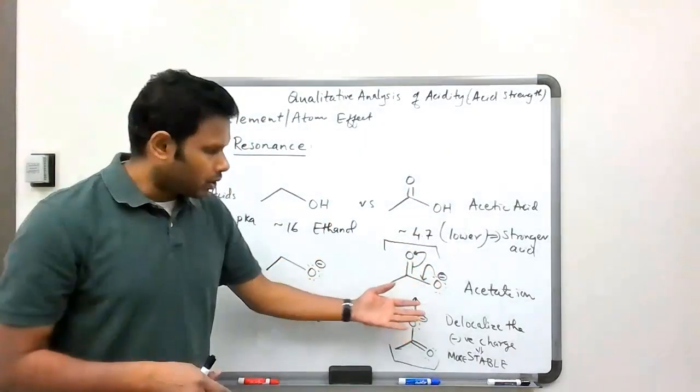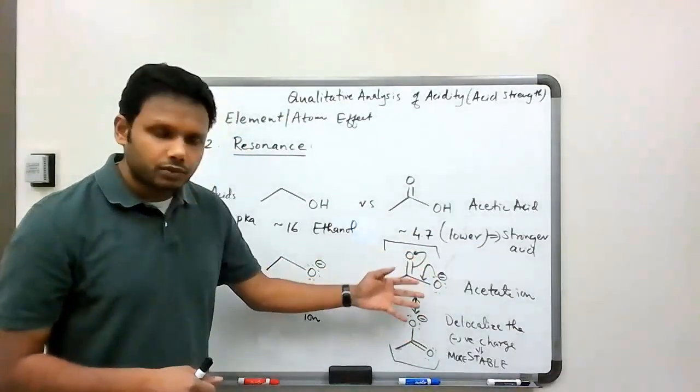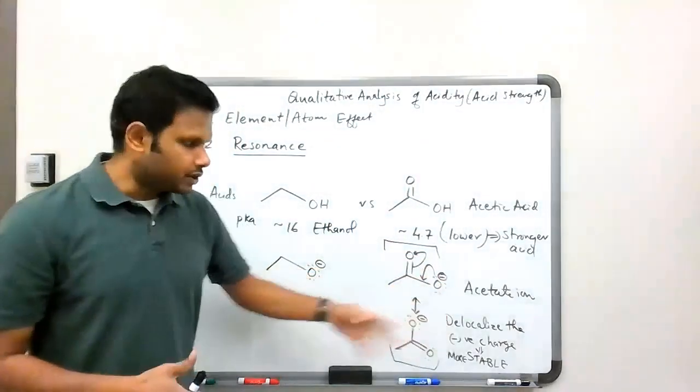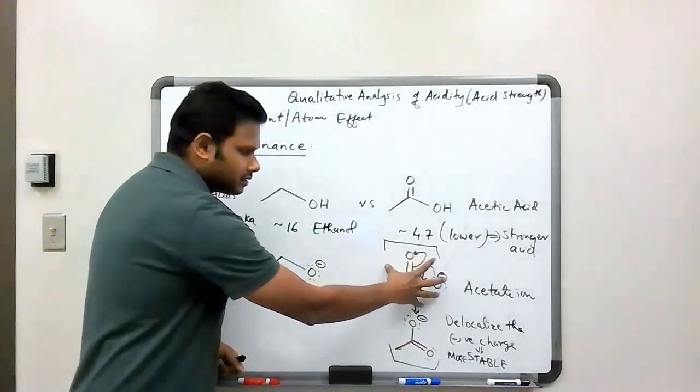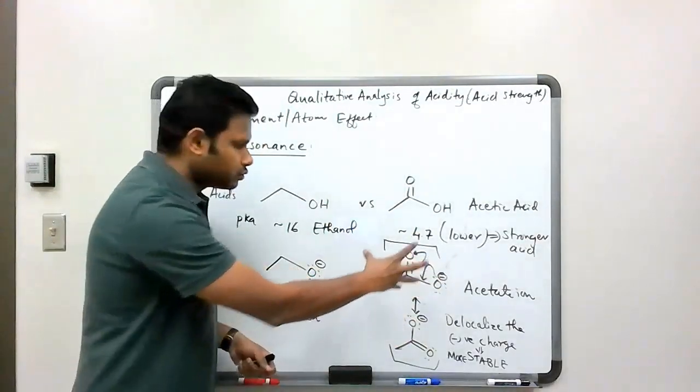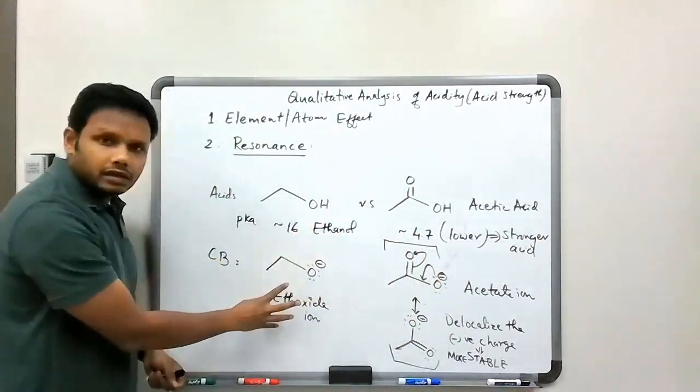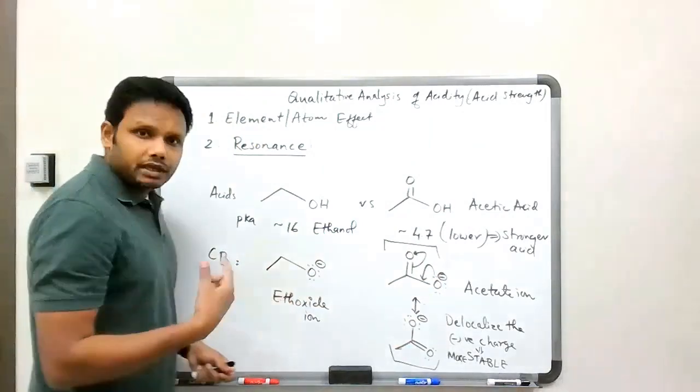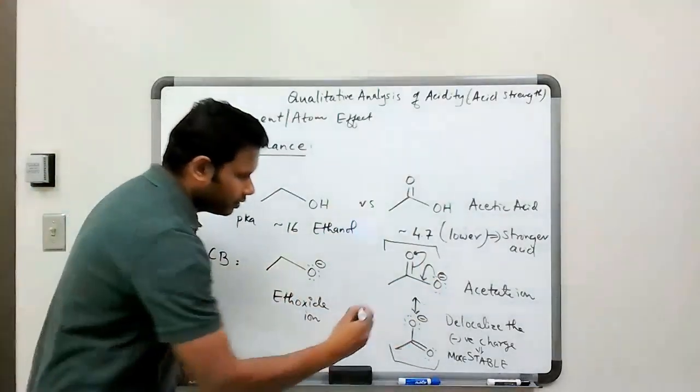We know how to draw resonance hybrids and everything, so we can do that, and that would explain the stability. So the fact that acetate, this conjugate base, is more stable than the ethoxide is because of resonance.